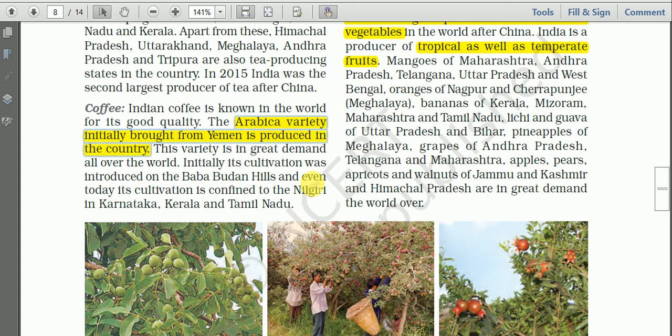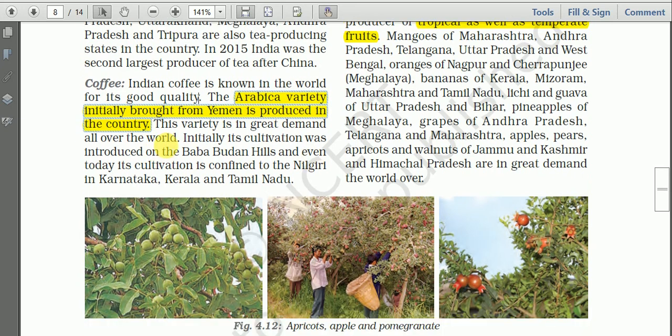And about Coffea robusta, it originated in the western part of Africa, in the sub-Saharan region.